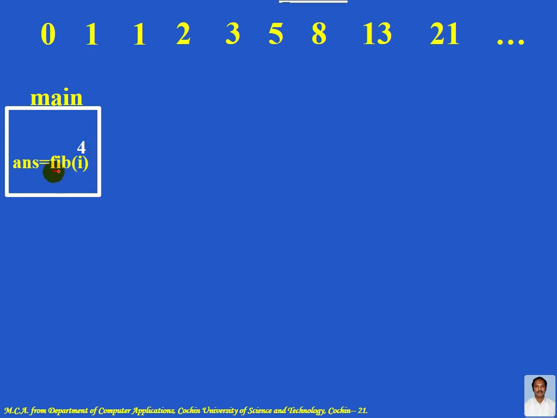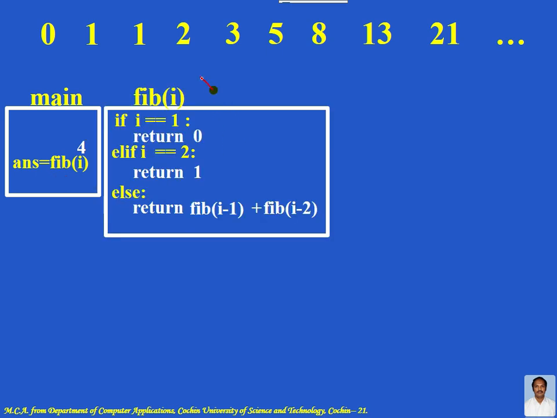So how does this function calculate term 4? Let me explain. Now when you call a function, control goes to the point where the function is defined. So this is the definition of the function fib, and this 4 is passed into variable I. So now your variable I contains 4.